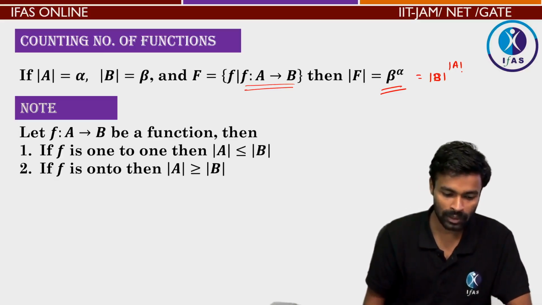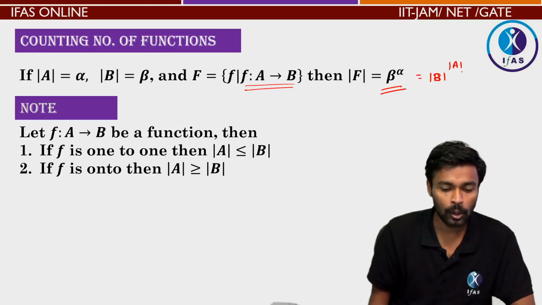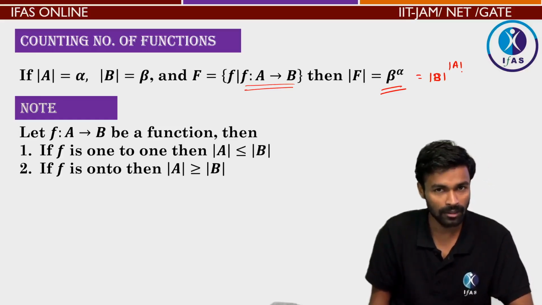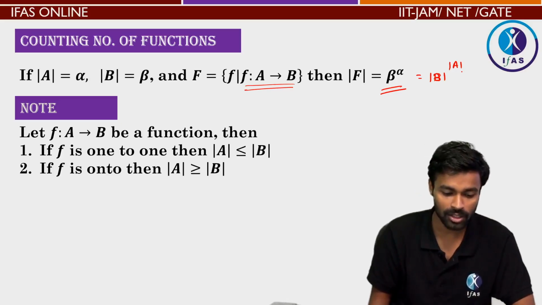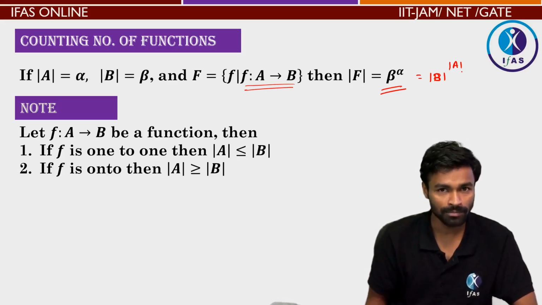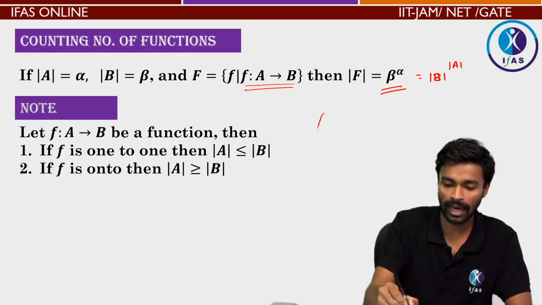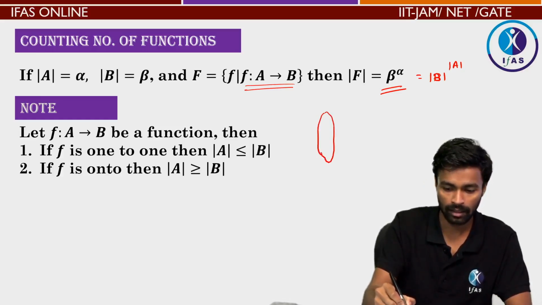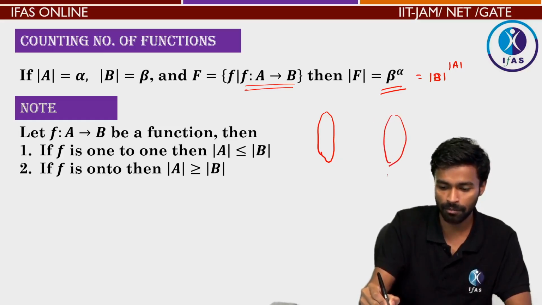Now the note is, let f from A to B be a function. The first one is, if f is 1-1, then cardinality of A is less than or equal to cardinality of B, right?